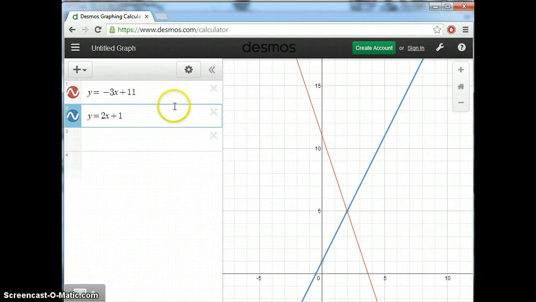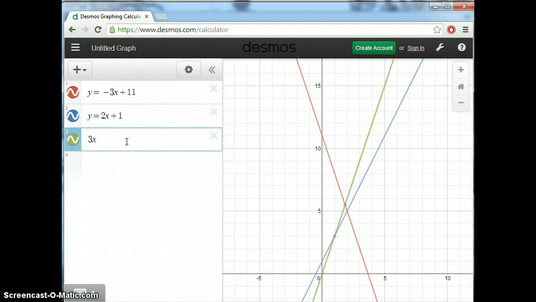Okay, so things will change up a little bit. They'll write lines in different ways. So another way to write this red line would be if I wrote it like this: 3x plus y equals 11. See how that green line is the same as the red line? So I'll go ahead and copy this.